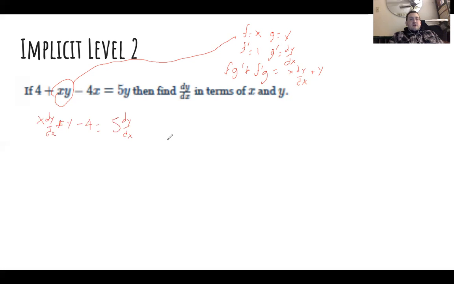Note, we want to get dy dx on one side. So what I would do here, I would just move this 5 dy dx over to the other side.